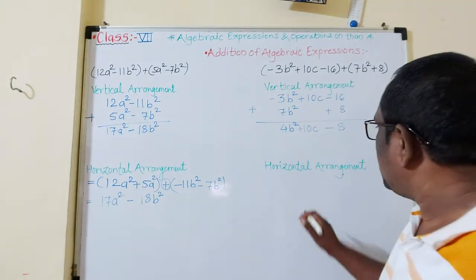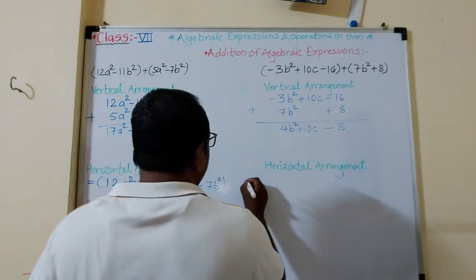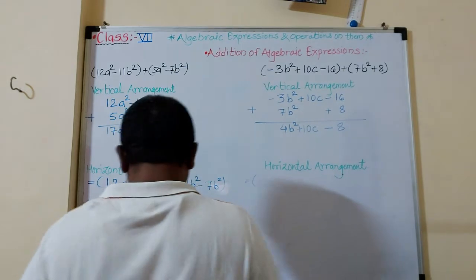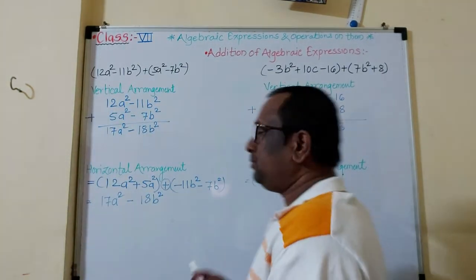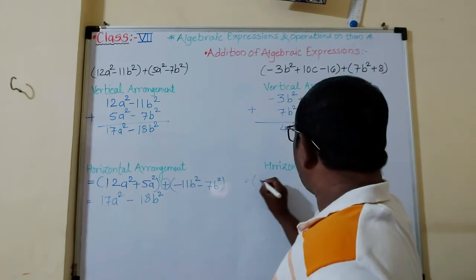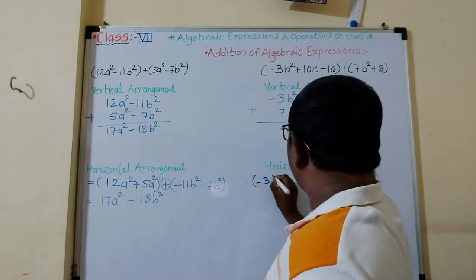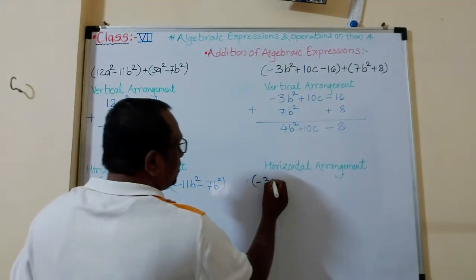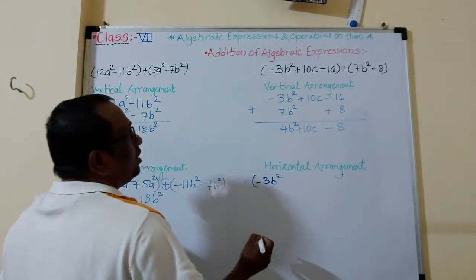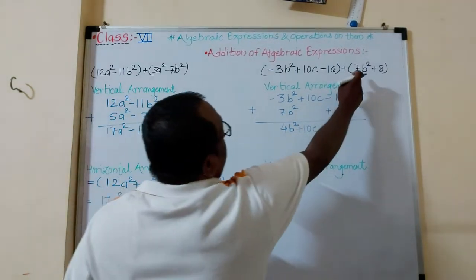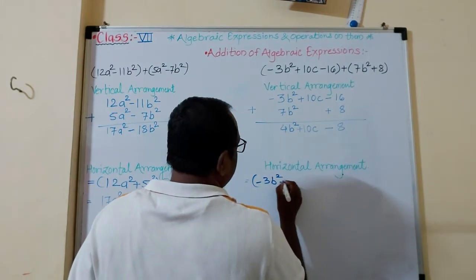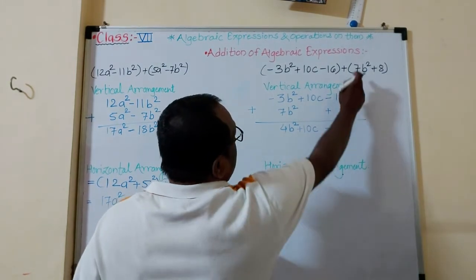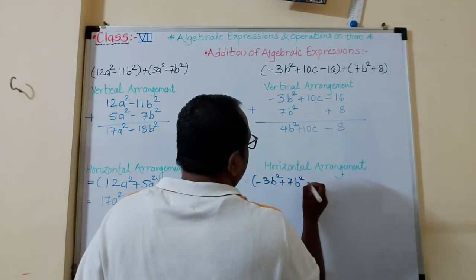Now horizontal arrangement, equal to, we have to write minus 3b square. Then here like terms we have to write, then plus 7b square, because no sign means plus sign.